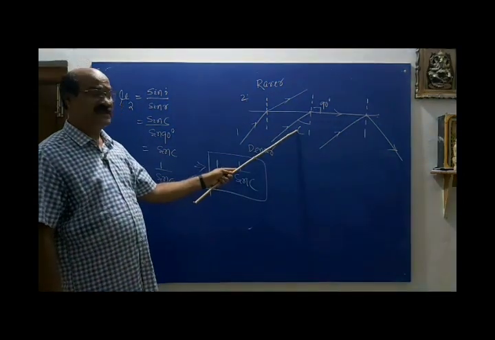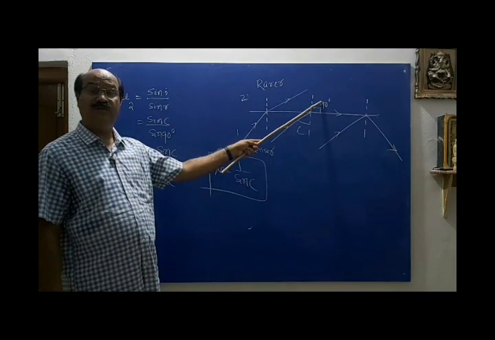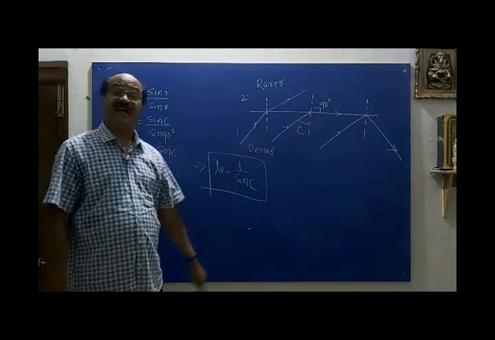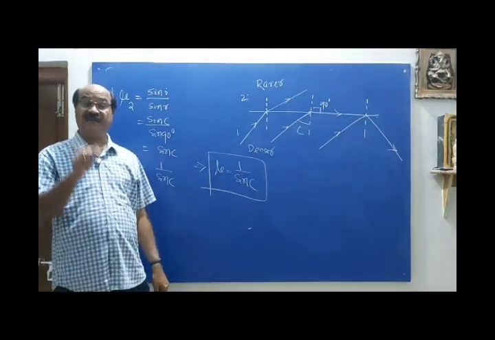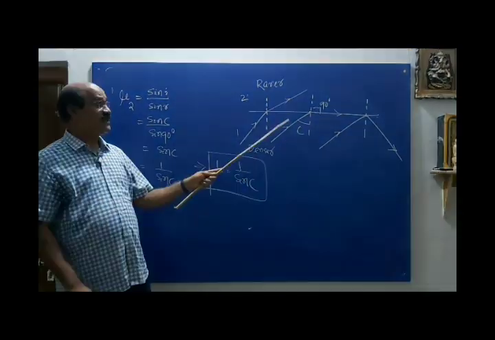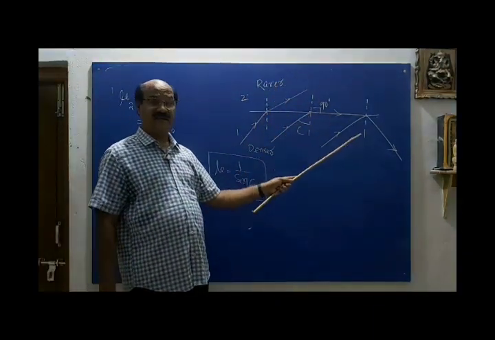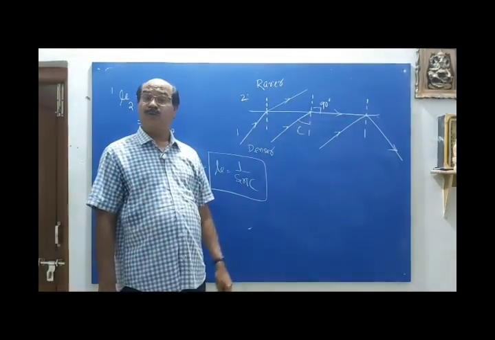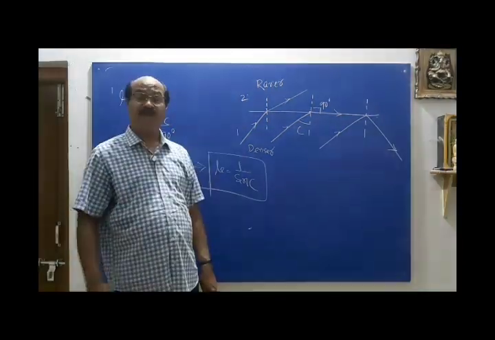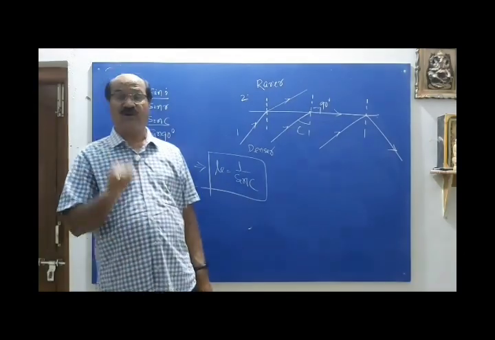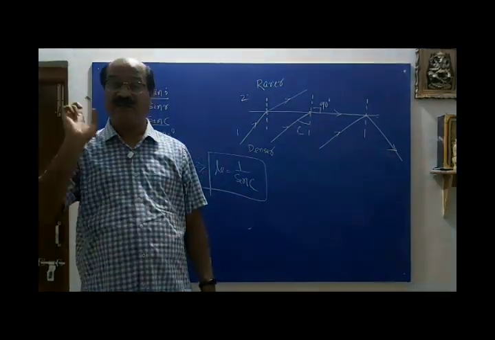The angle of incidence in the denser medium for which the angle of refraction in the rarer medium is 90 degrees is called the critical angle, given by the symbol C. If the angle of incidence is greater than the critical angle, then the ray of light striking the interface will never be refracted, but will be reflected to the same medium. This phenomenon is called total internal reflection.